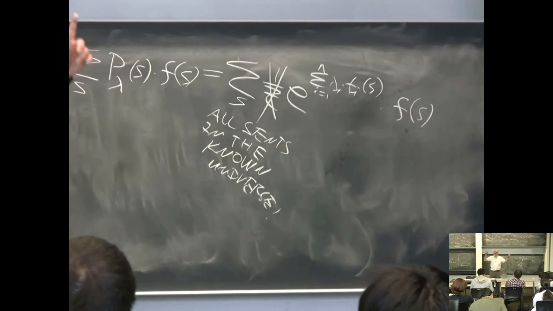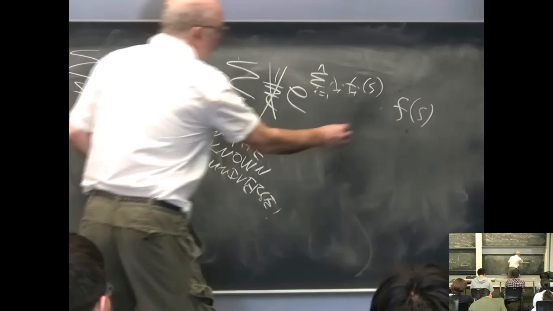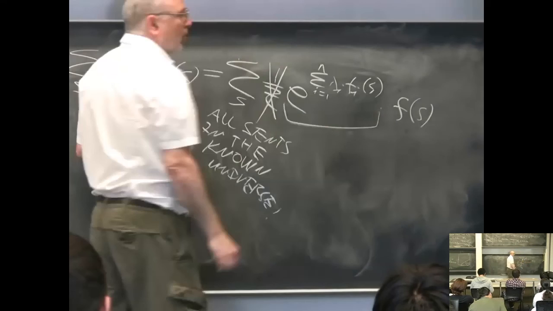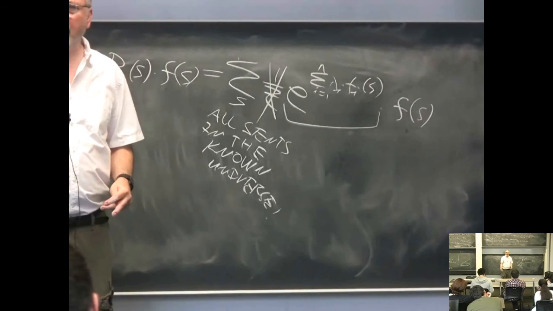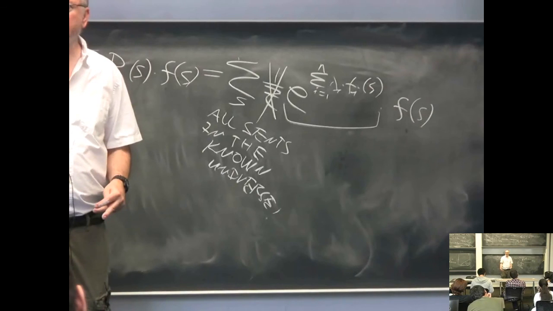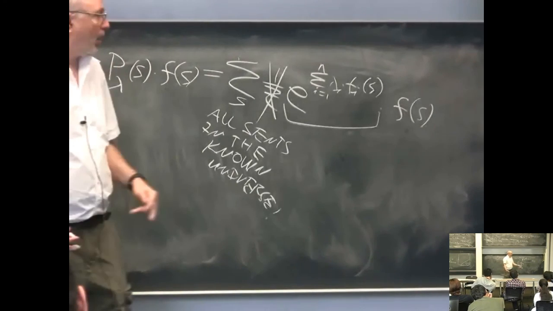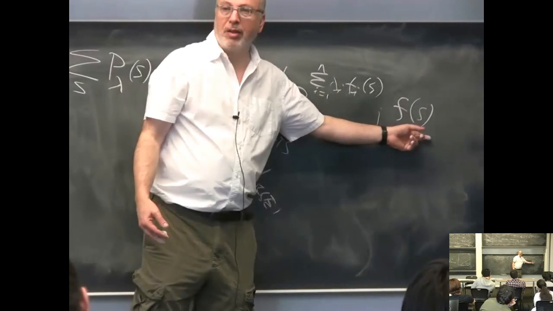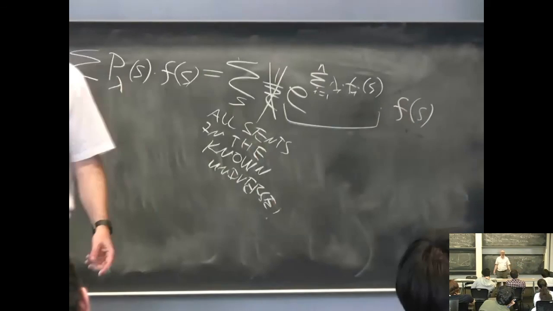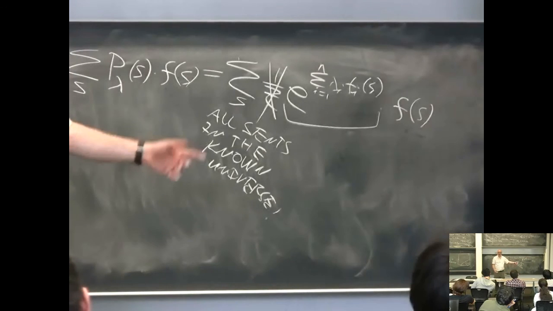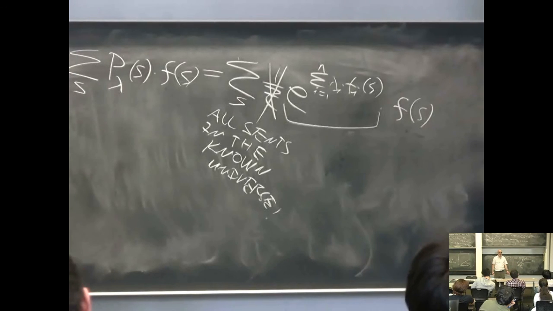If I can sample sentences according to this distribution, and then count the relative frequency in that sample of the times when the feature is on, this will give me an estimate of the true expectation under this distribution.